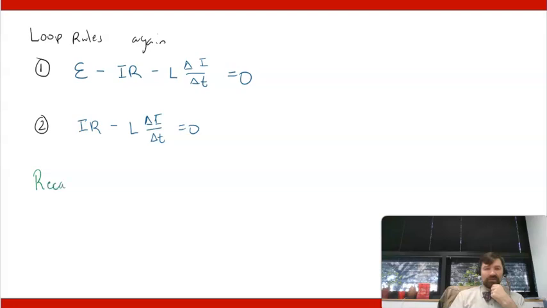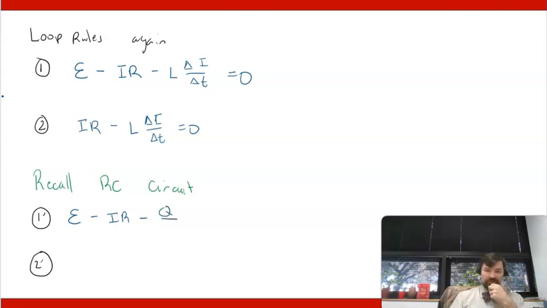So recall, for the RC circuit, what we ended up having for our equivalent loop rules, we could call them 1' and 2', were epsilon minus IR minus Q over C equals 0, since delta V is Q over C. But we could rewrite that equation because current is rate change of charge, and so this looks like epsilon minus Q over C minus delta Q over delta T times R, and that was equal to 0.